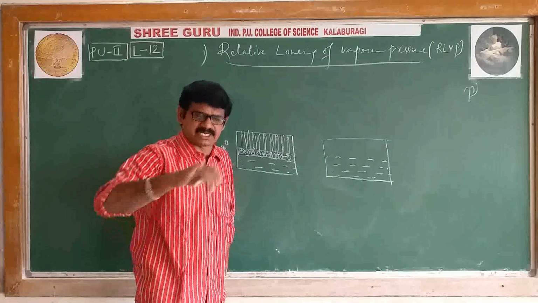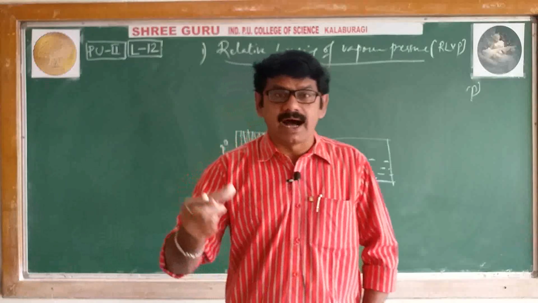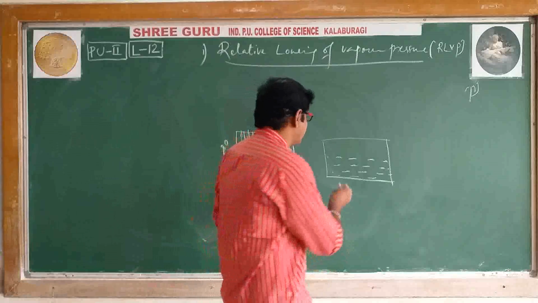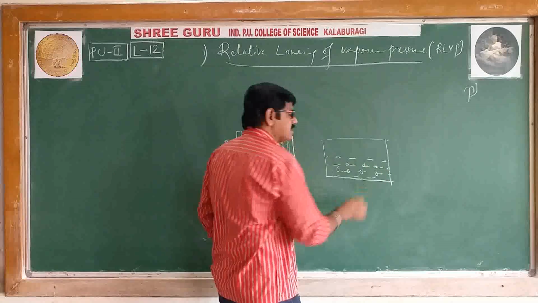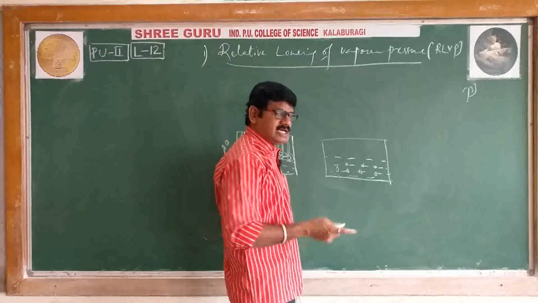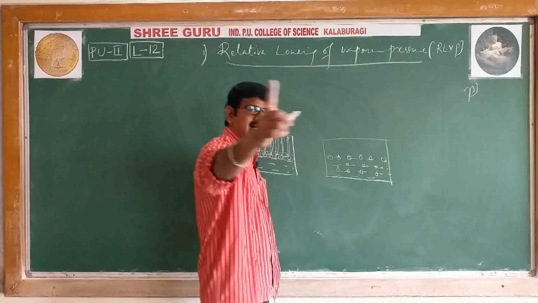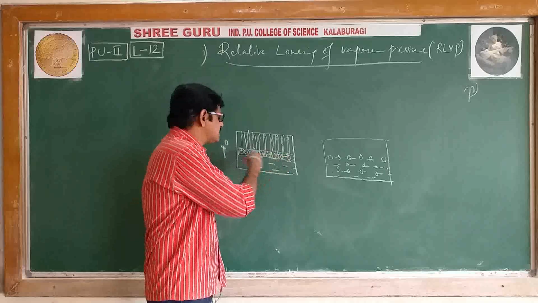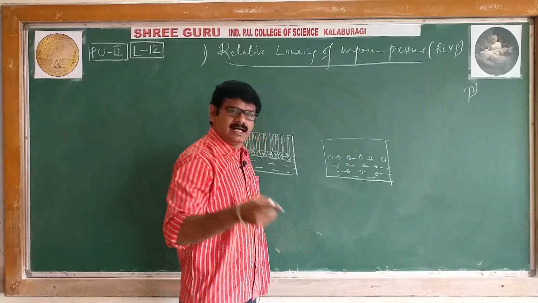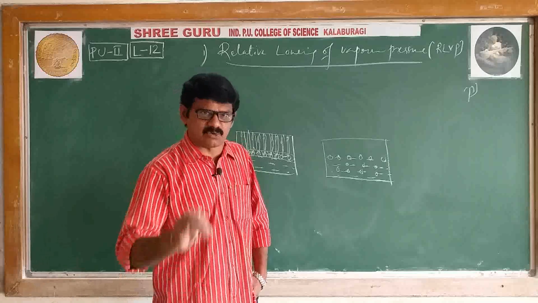Come here. Same water only, same pure solvent. In that solvent, what am I doing? Some non-volatile, non-vaporizable solute particles are added. Automatically, what happened then? Those non-volatile solute particles also occupy the surface area. Here on the surface, pure solvent molecules are there. Here on the surface, pure solvent molecules along with non-volatile solute particles are present.